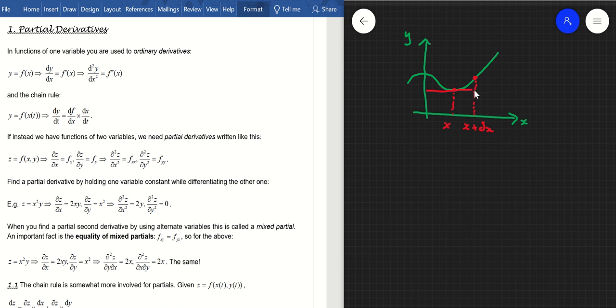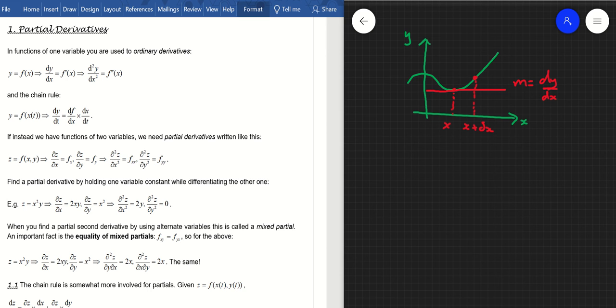So if I draw a tangent line there, the gradient of that tangent line is dy by dx at that point, and there'd be a change in y because of that slope, and there's also a change in y going along the function.